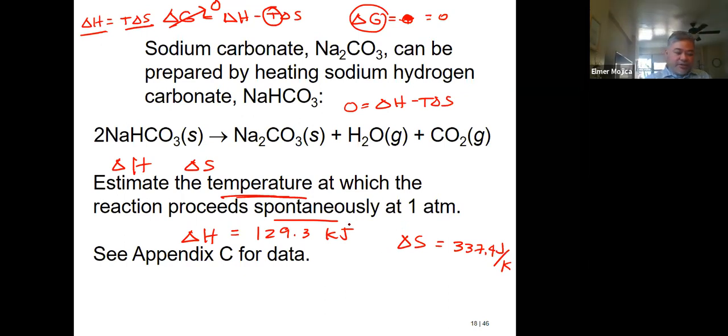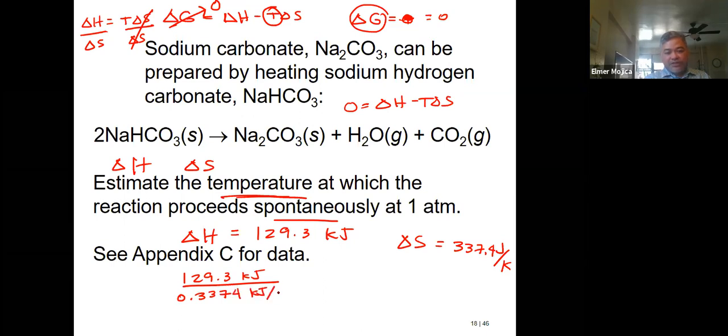So how are we going to solve this? If you rearrange this one, temperature is just equals to delta H divided by delta S. If you put the values here, you have it like this. I think you have to convert this to 0.3774 because that's the only way you can make it into kilojoules.